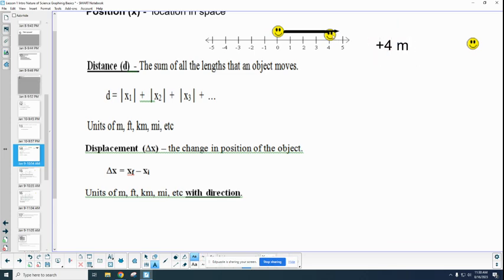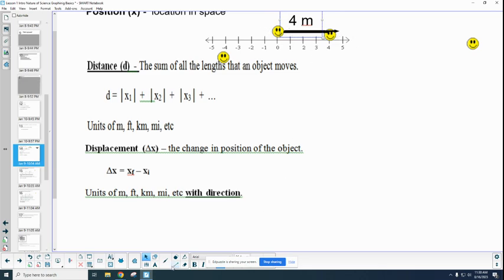If we moved our object from this 4 position, going all the way back over here to negative 4, so this positive 4 was the first thing. We would go from 4 to negative 4. And again, we're just adding the distances, so the space between, so that's 4.